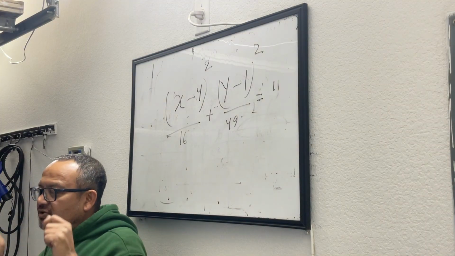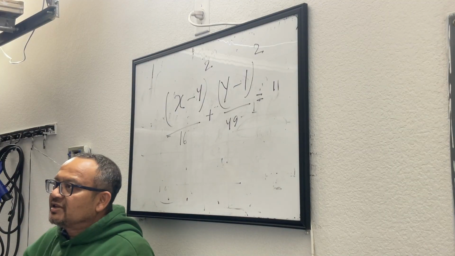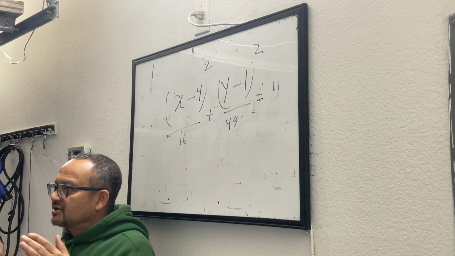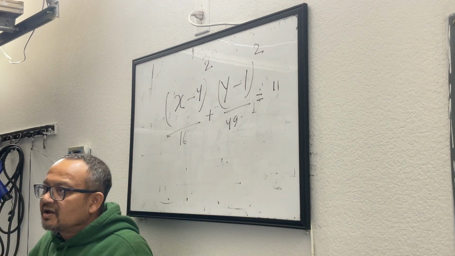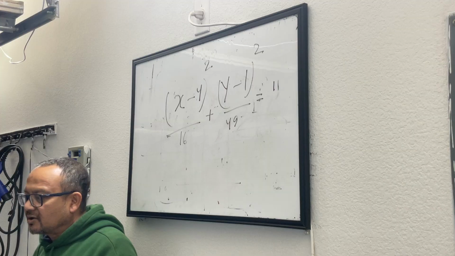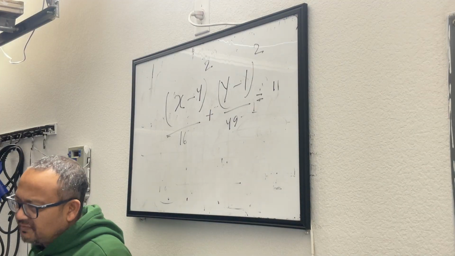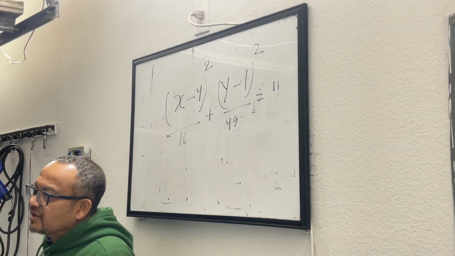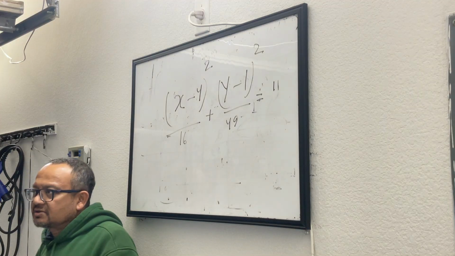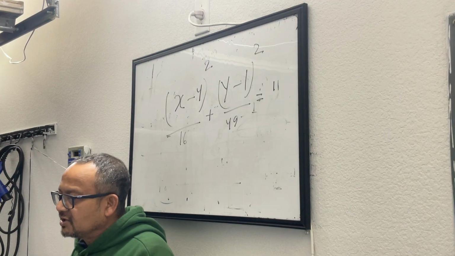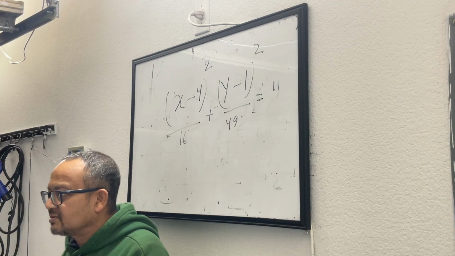The sum of the distance is the same regardless of which point you pick along the perimeter of the ellipse. And we looked at how to find the focal length, which is square root of a squared minus b squared.